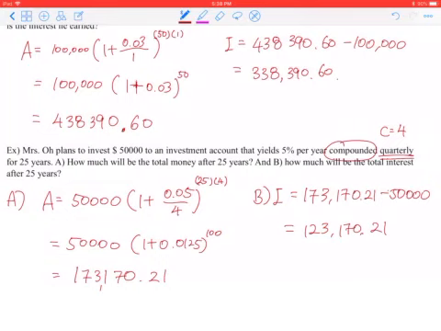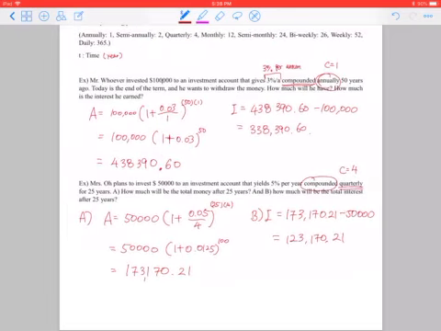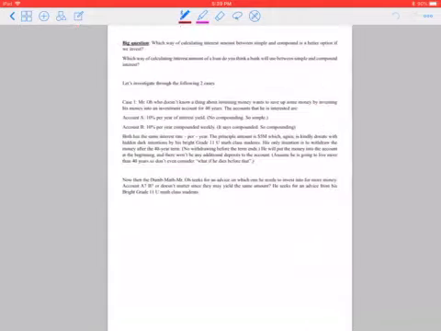So the 25 years worth of interest is $123,170.21. Okay, so be careful with the word compounded and whatever the compounding period. If it is quarterly, C will be 4. If it is bi-weekly, C will be 26, etc. The calculation itself is actually quite simple to do.